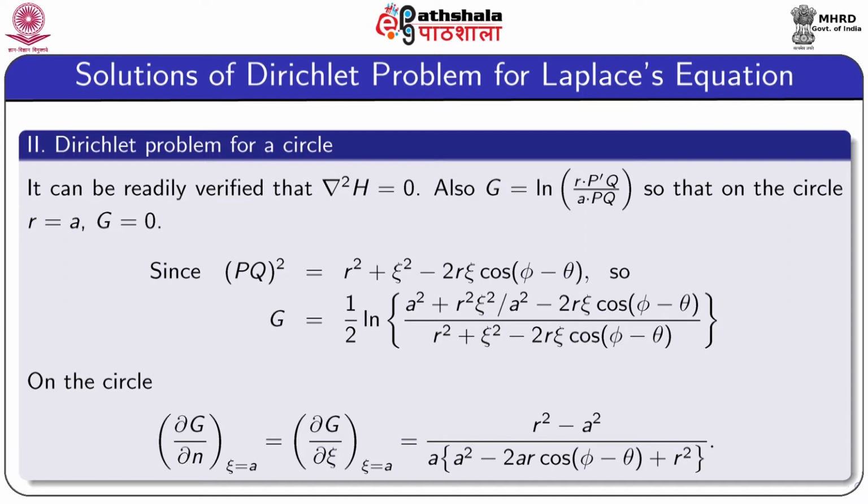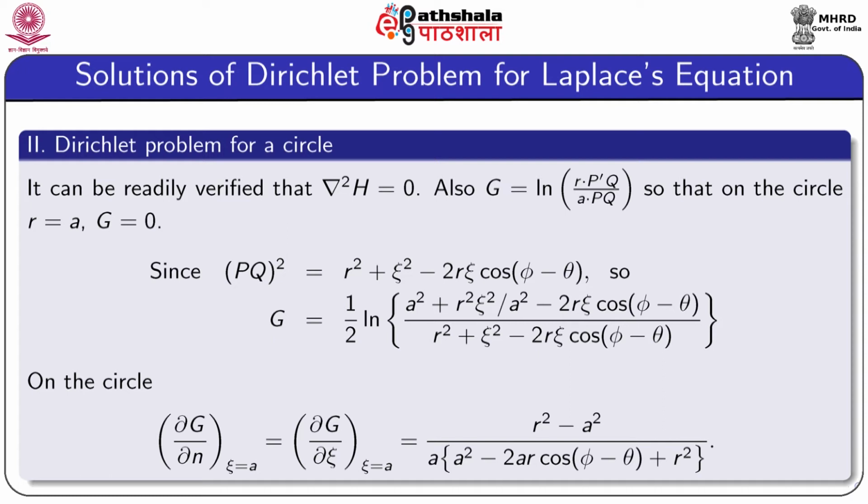And with this choice of H, the expression for capital G becomes log of r P dash Q by a into PQ. And you can check that on the circle, that means for r equals a, the expression for G becomes G equals log of r.